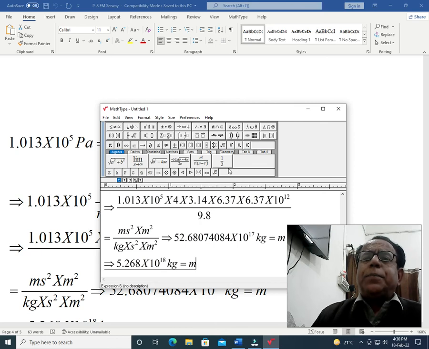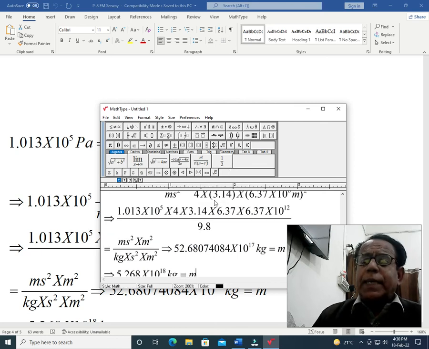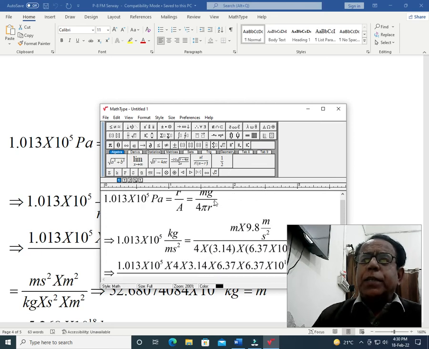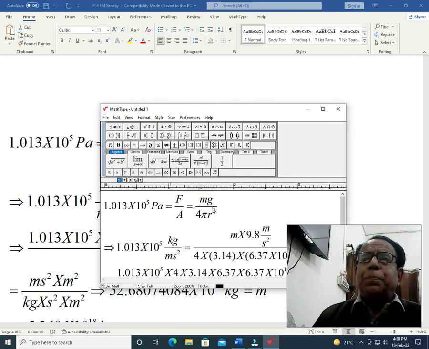Dear students, here I am removing some doubt which has appeared in the solution of this problem. Okay, actually, here all small m do not stand for meter. Okay, F is equal to mg.